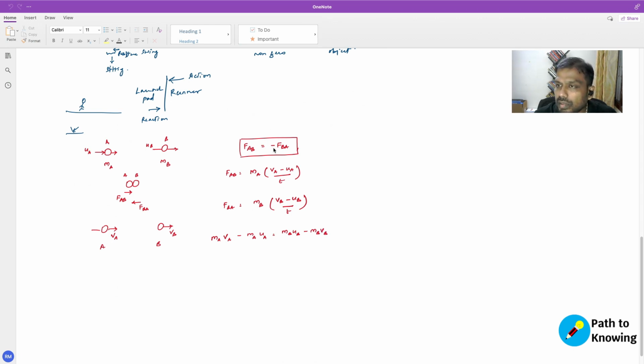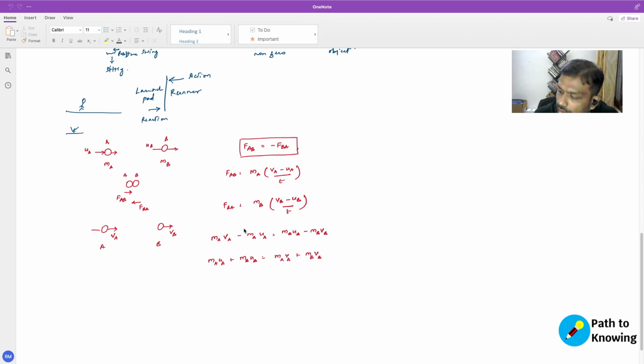So I have applied this minus into this equation. Now, if you rearrange this equation, what we will get is MA UA plus MB UB is equal to MA VA plus MB VB.